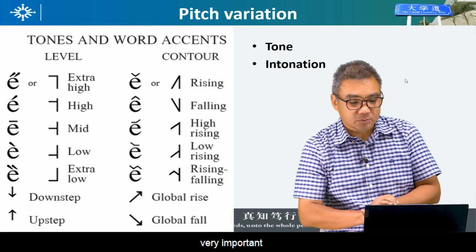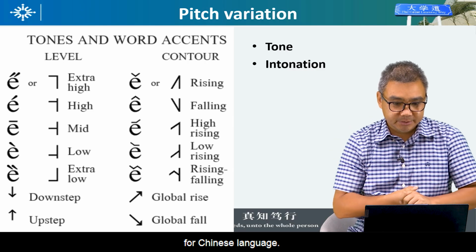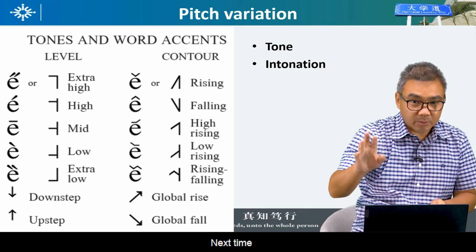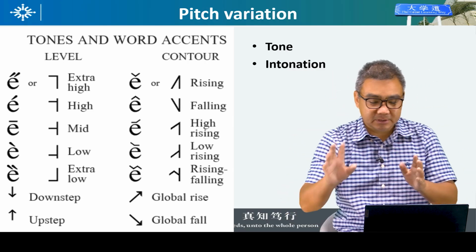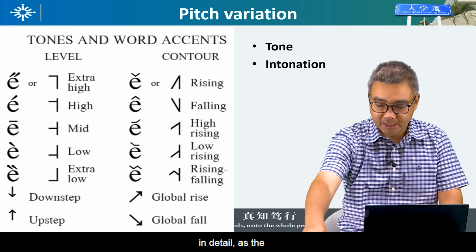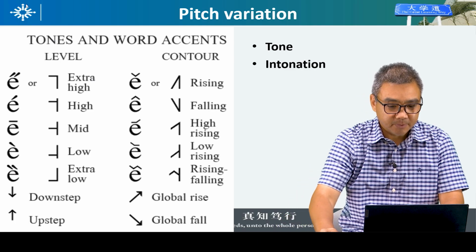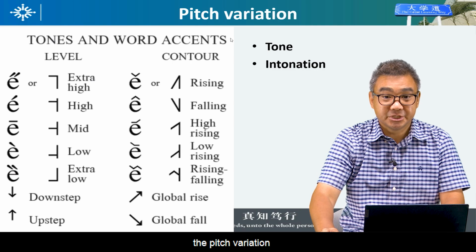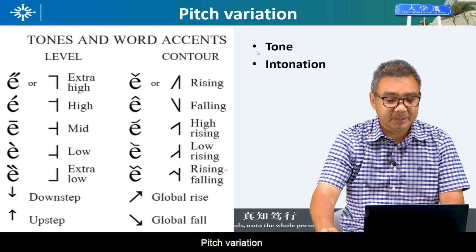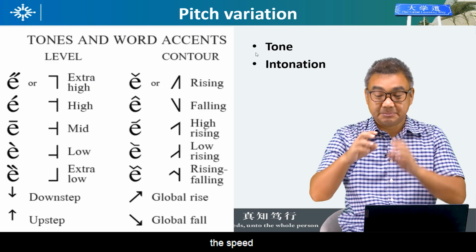And here's a very important one, especially for the Chinese language. Next time I'll talk about the phonology of contemporary Chinese in detail as the whole contents of the next chapter. This is the pitch variation. Pitch variation means the higher, the speed. Do you remember?